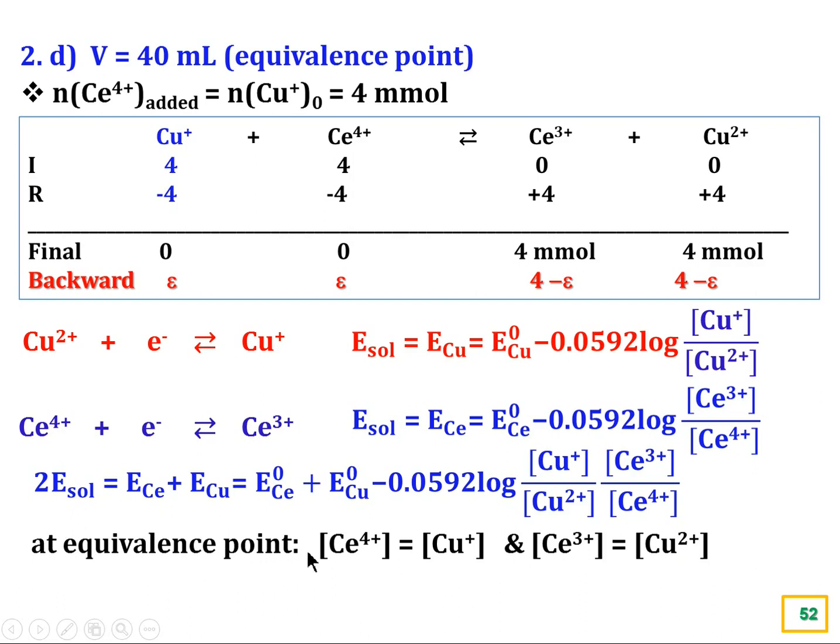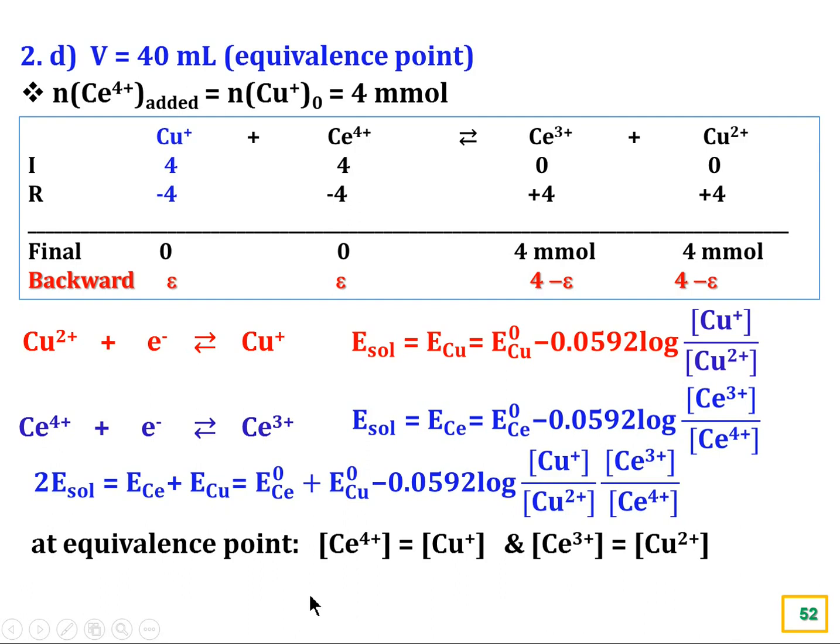At the equivalence point, the concentration of Cu+ equals the concentration of Ce4+ equals epsilon, and the concentration of Ce3+ equals the concentration of Cu2+ equals practically 4.